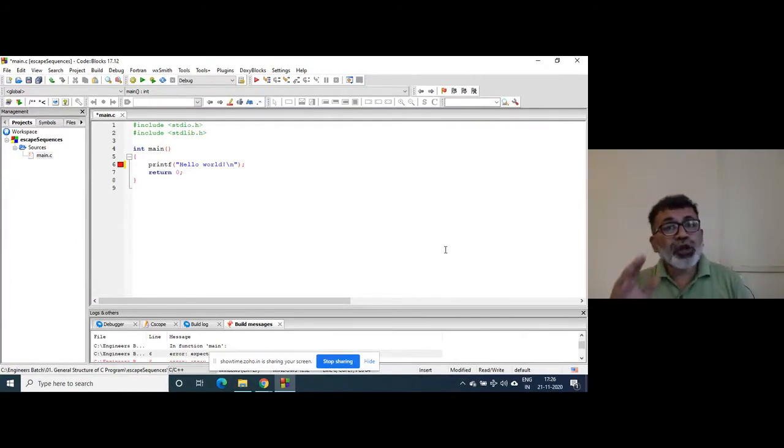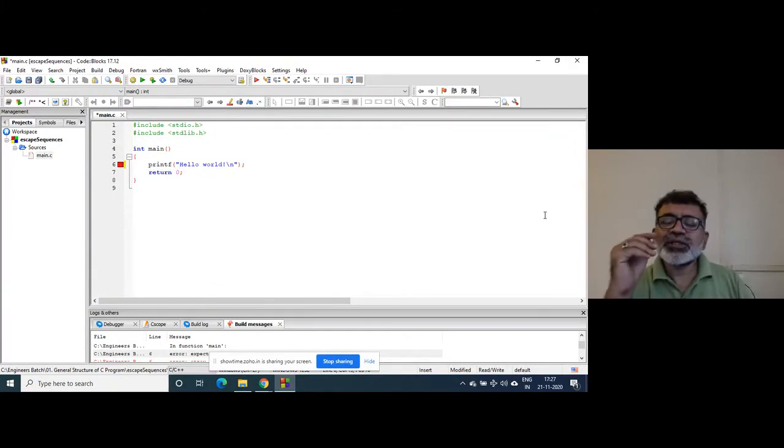What is the normal meaning of n? Normal meaning of n is print the n. That is the normal meaning, right? Escape from that. So slash n is telling go to the new line, take the cursor to the next line, right? That is the escape.